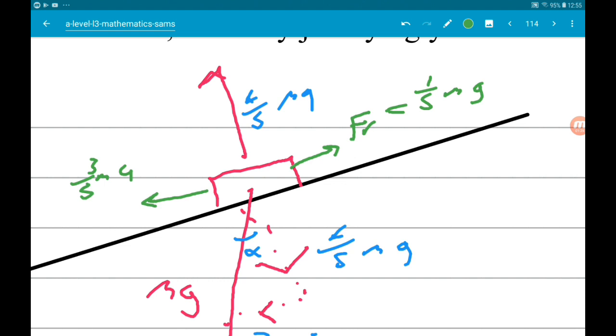So 3/5 mg is greater than 1/5 mg. So the particle will move back down the slope because it overcomes the friction. So it will not remain at rest at A.